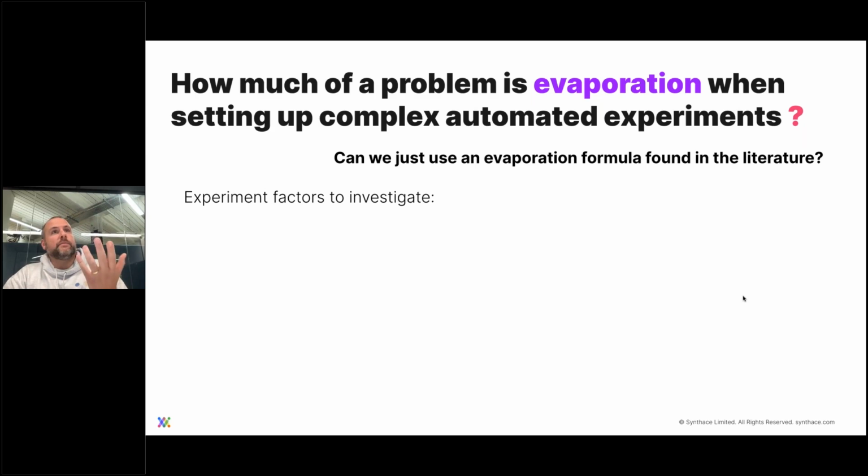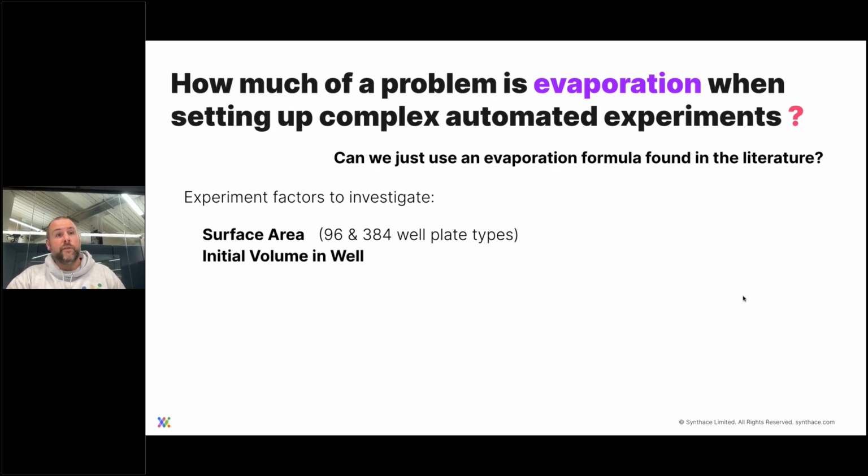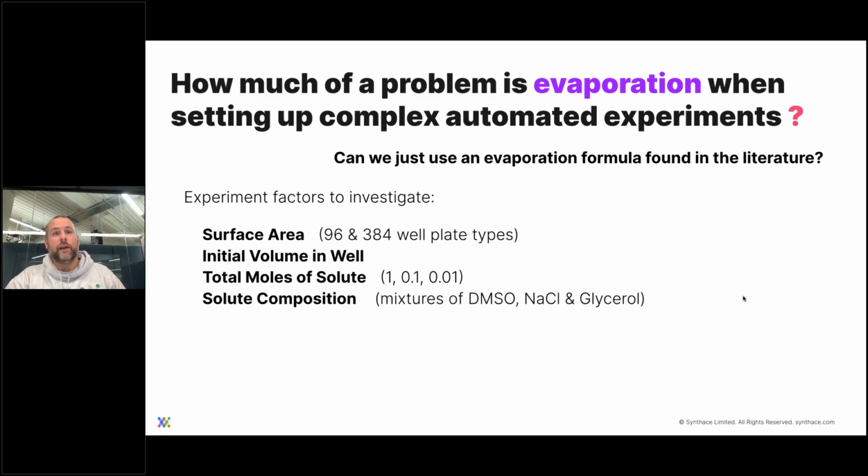So these are the experiment factors we investigated during this experiment. We varied the surface area by using either 96 or 384 well plate. We varied the initial volume in each of the well types. We changed the total moles of solute that the liquid was comprised of, and also its composition, making mixtures of either DMSO, sodium chloride, and glycerol, mixtures of those three things.